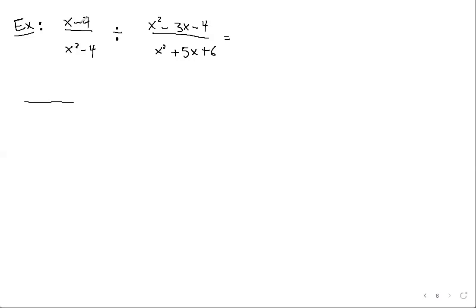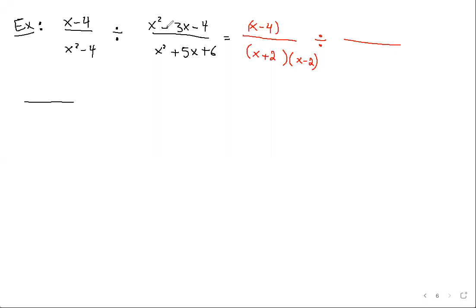What's the factor for x minus 4? x minus 4. What is the factor for x squared minus 4? That would be x plus 2 times x minus 2. Yes.